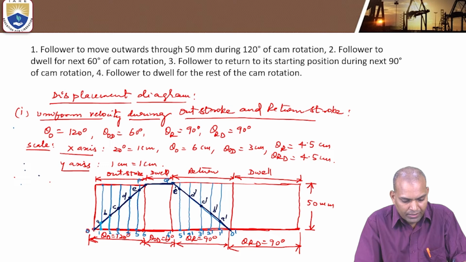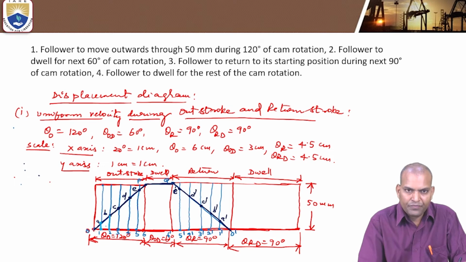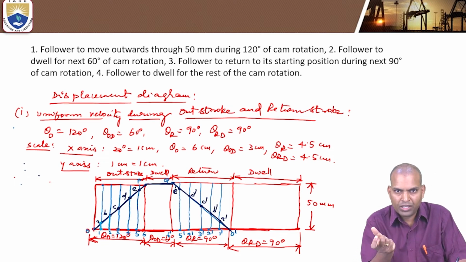Next 2 to B. 2B is for the next 20 degrees of cam rotation.